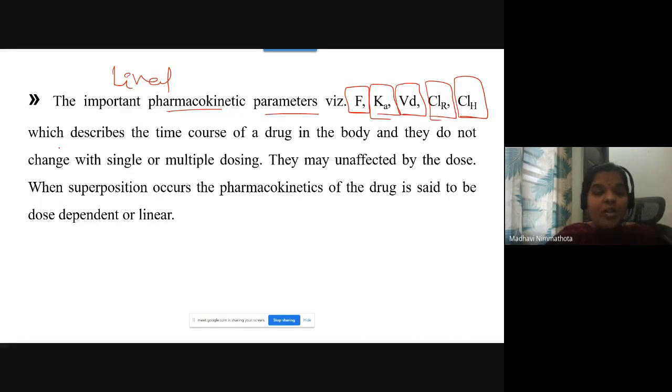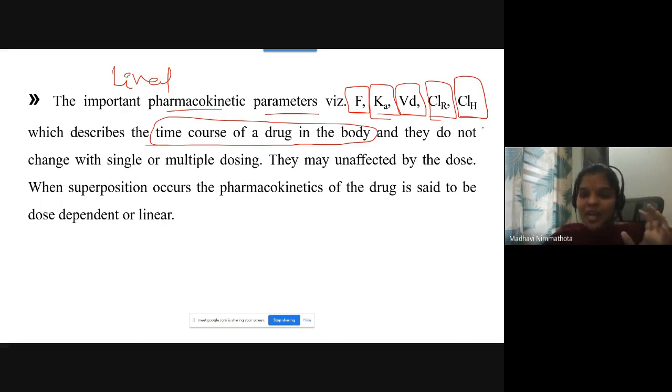All these parameters describe the time course of the drug in the body. How much time your drug will be residing in your body, all these parameters explain, and they do not change even with single or multiple dosing. Irrespective of single or multiple dosing, these parameters explain how much time your drug will be staying in your body.